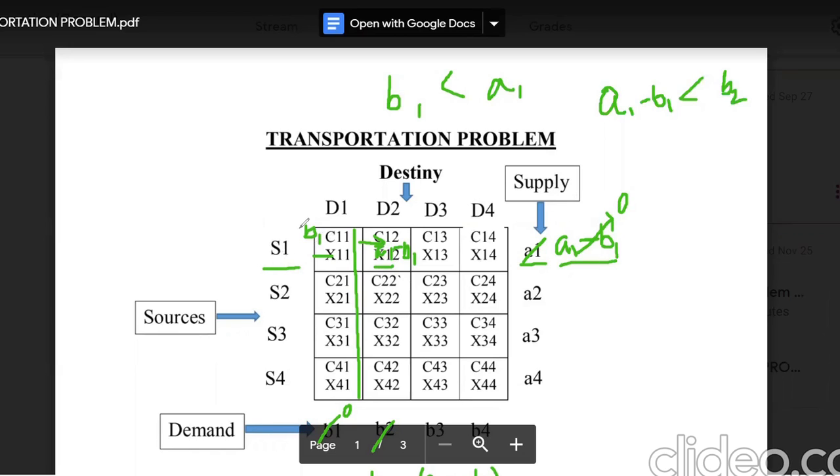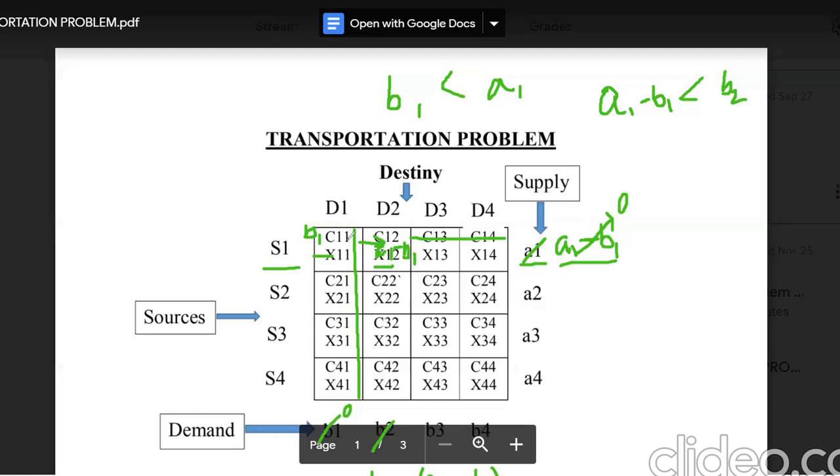From source S1 you won't be able to supply anymore because the total supply has been exhausted. So next you cancel out this row from here, because no more supply can be made from the source S1. Whenever supply becomes 0, you cancel that row, and whenever demand is fulfilled, when demand becomes 0, you cancel that column.